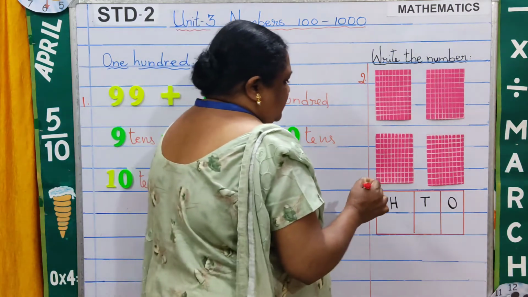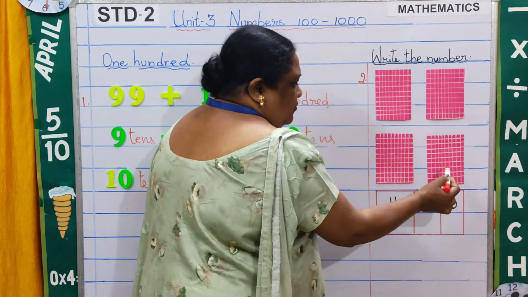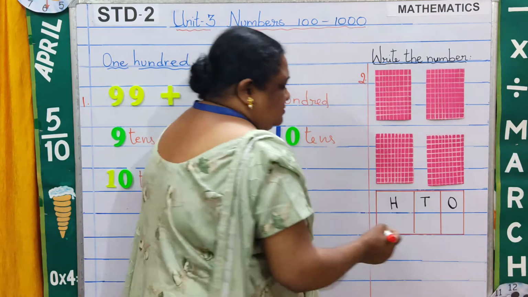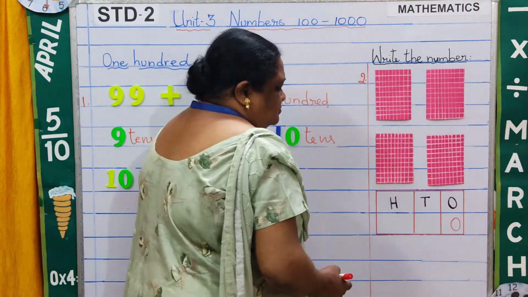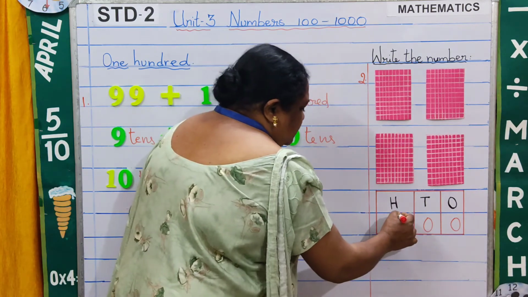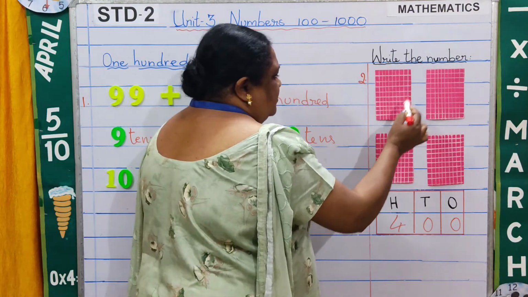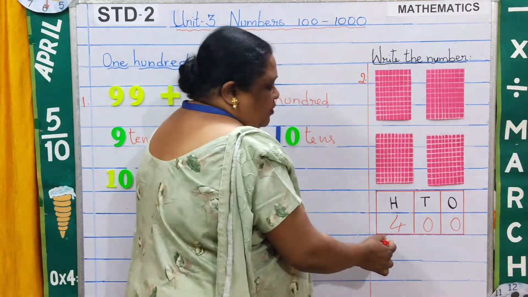These are 100, 200, 300 and 400. So now we have to write the number: 0 ones, 0 tens and 4 hundreds. Because here we have 100, 200, 300 and 400. So the number is 400.